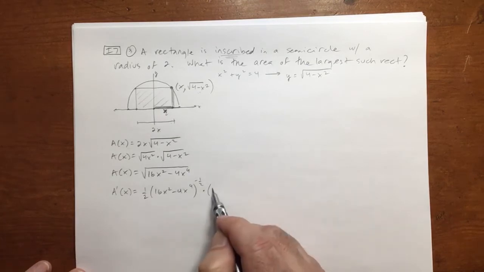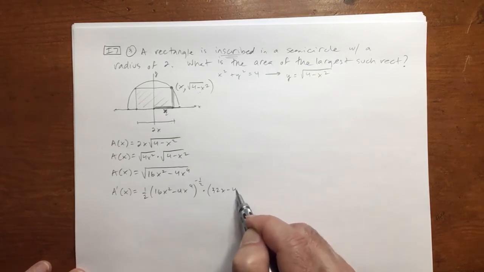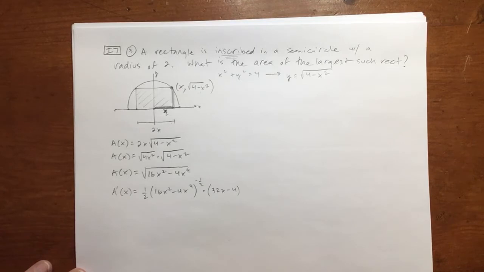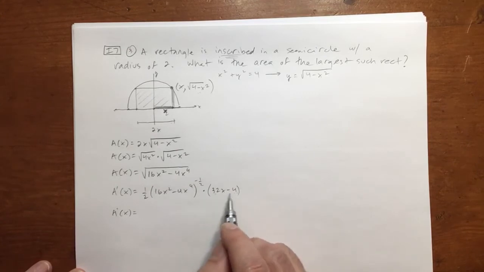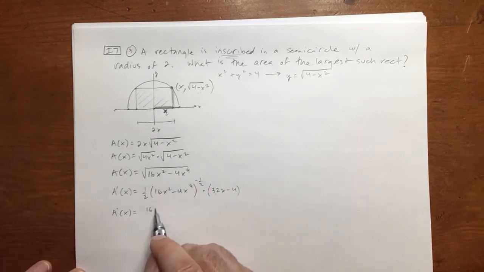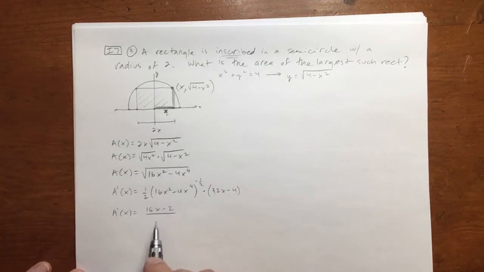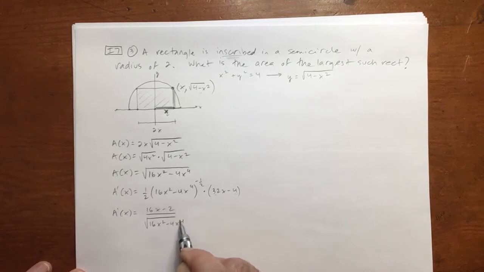The chain would be 32x minus 4. Okay, so I want to clean this up and then set it equal to 0. So the derivative of the area function is, now I have a 2 on the bottom. I'm going to divide both of these by 2. So up top I get 16x minus 2. And then on the bottom I have the square root of 16x squared minus 4x to the 4th.